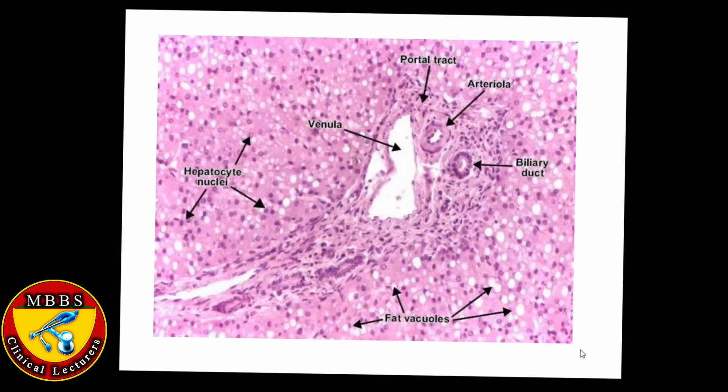Again, another picture of the fatty liver in which you are seeing a portal tract, biliary duct, and venules. This is the triad of the liver that is intact, and you are seeing multiple fat vacuoles in the liver, and nuclei in the hepatocytes.